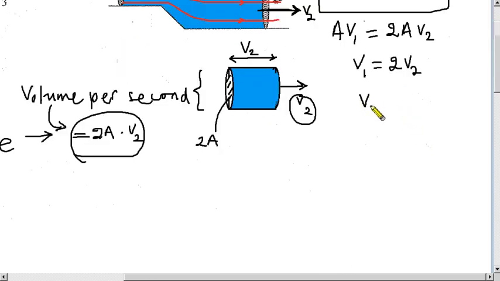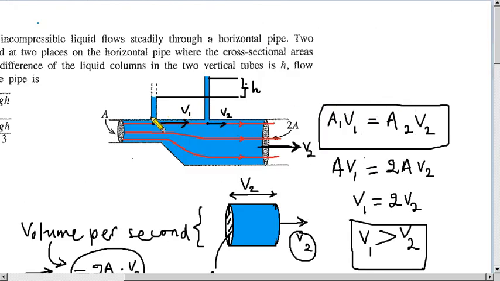So V1 is greater than V2, since 2 times V2 is equal to V1. So now we know V1 is greater. At this point the velocity is greater, that is why I drew this arrow longer than this arrow.